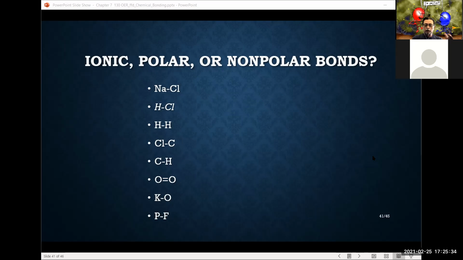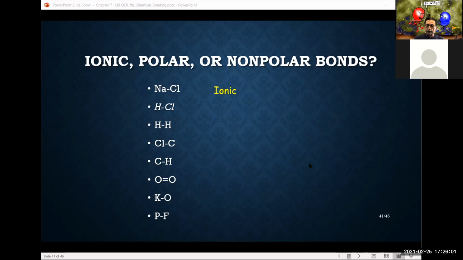Question here: ionic, polar, or non-polar bonds? Well, the very first one right off the bat, you've got sodium chloride. And that's why it's important that you recognize the elements as to whether they're metal or non-metal. Why? Because a metal and a non-metal combine to form an ionic compound. Here we have sodium and chloride, metal and non-metal. We have an ionic bond, okay?